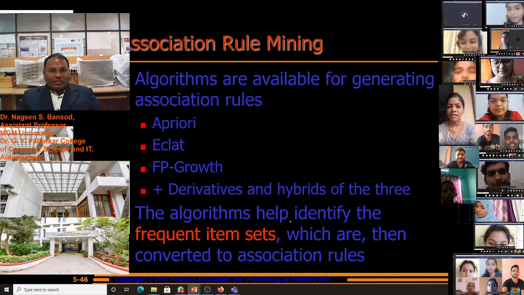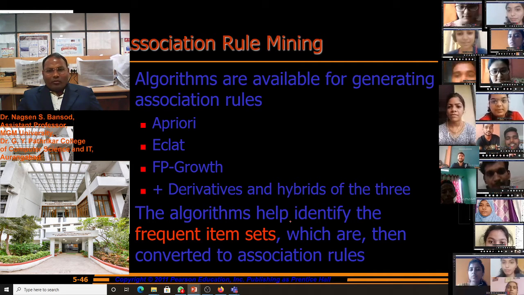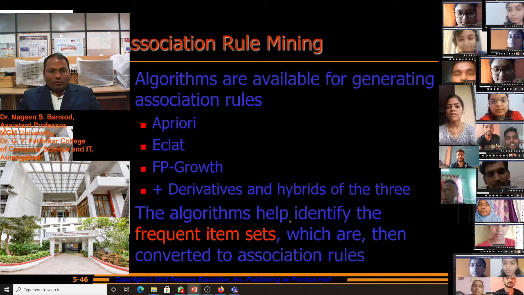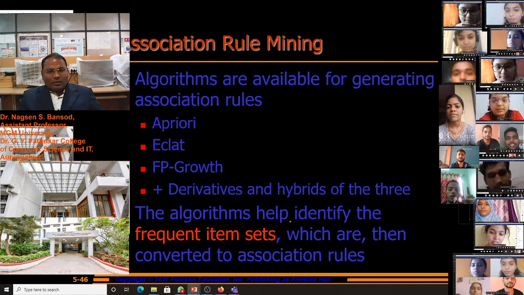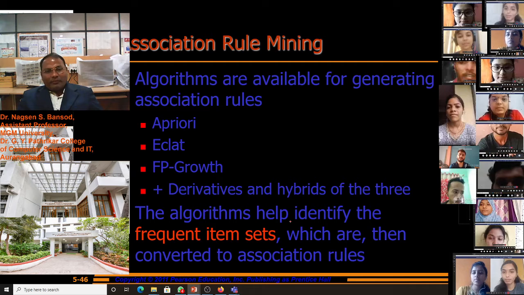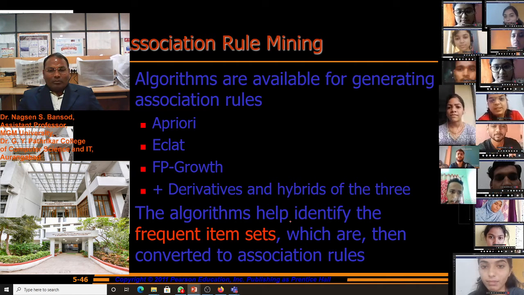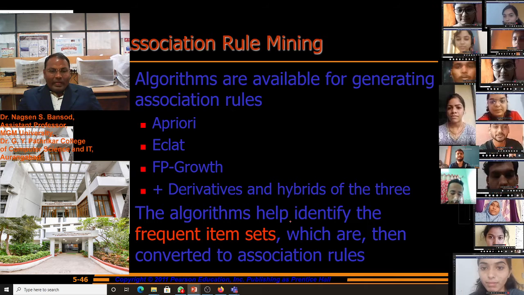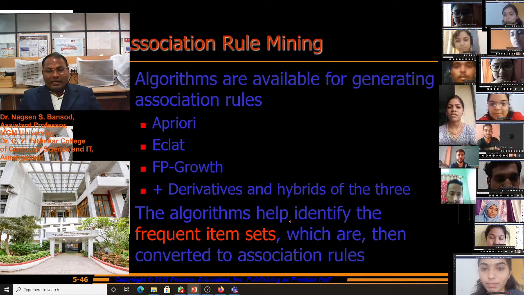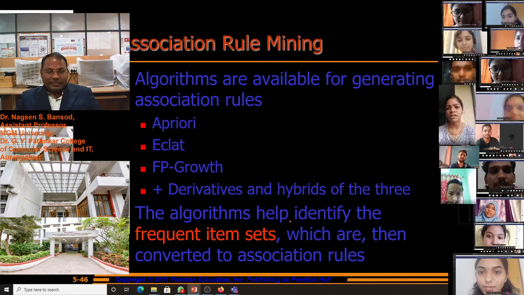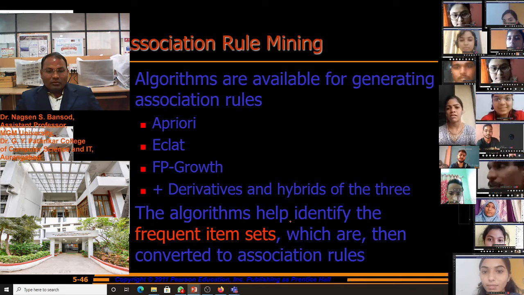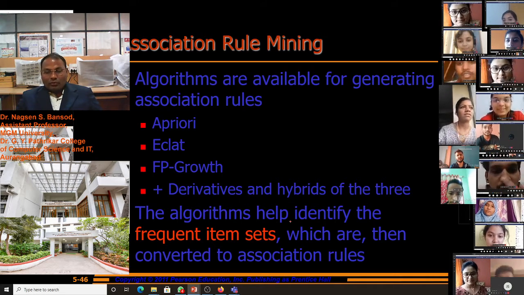Association rule algorithms are available for generating association rules: Apriori, Eclat, FP-Growth, plus derivatives and hybrids of the three. The algorithms help identify the frequent item sets, which are then converted to association rules.